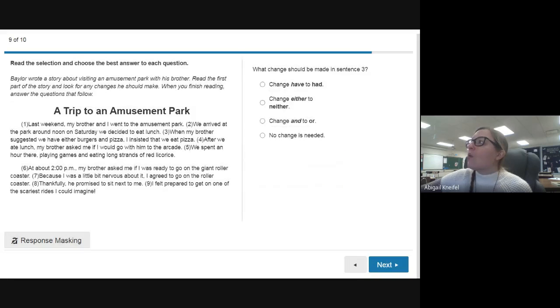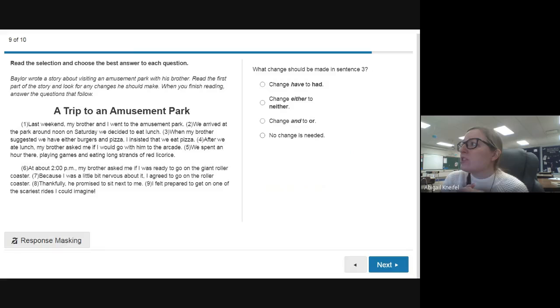Number 9. What change should be made to sentence 3? When my brother suggested we have either pizzas and burgers, I suggested we eat pizza. Okay, so how can you suggest you have either pizza and burgers? That and, there's definitely a problem there. It's pizza blank burgers, not and. Should it be we should had either pizzas and burgers? We should neither pizzas and burgers?